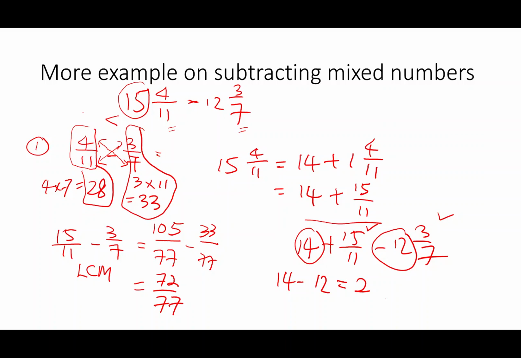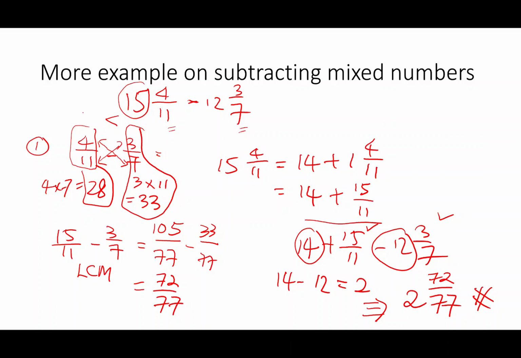So then the overall answer will be 2 and 72 over 77. So here is the final answer, and that's how we do subtraction for mixed numbers when the denominators are not the same.